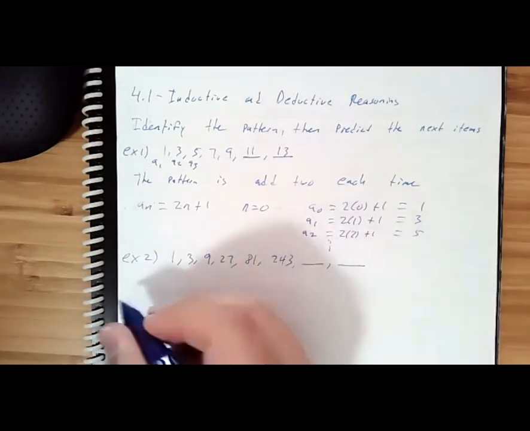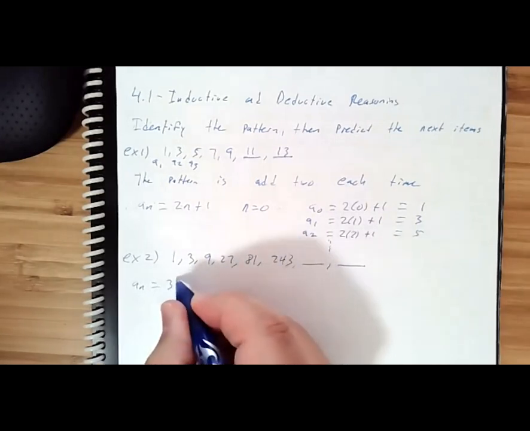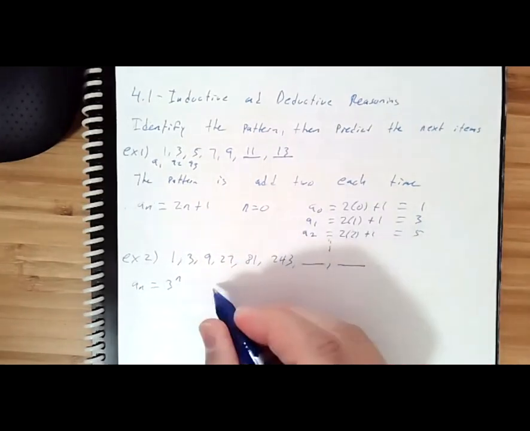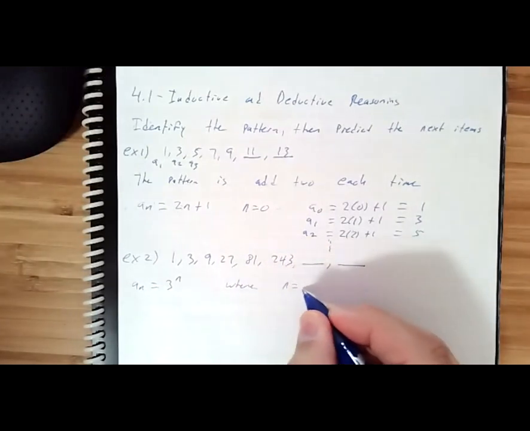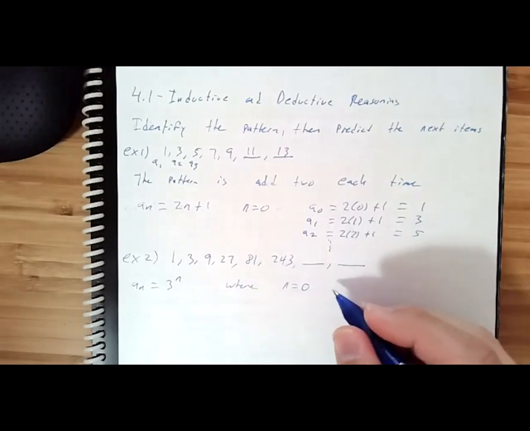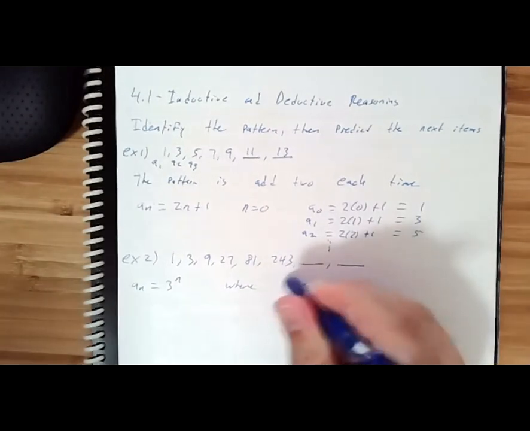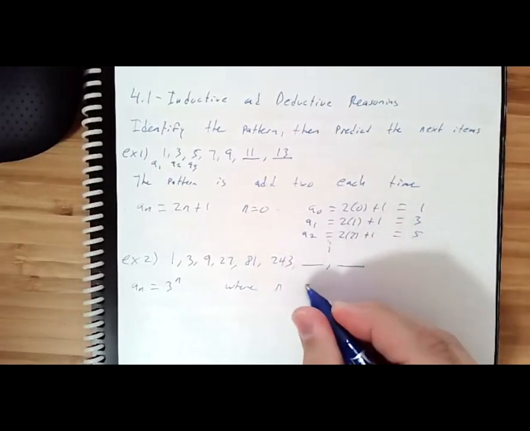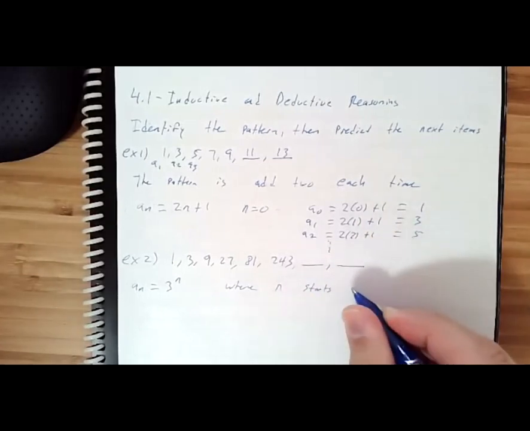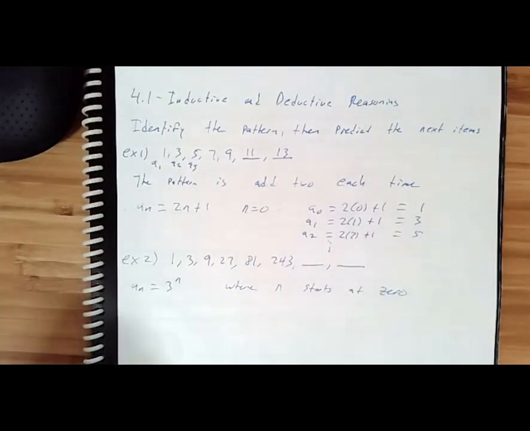So the formula, if they ask for it, which they don't, would be 3 to the n, where n starts at 0. So that's the formula that they didn't ask about.